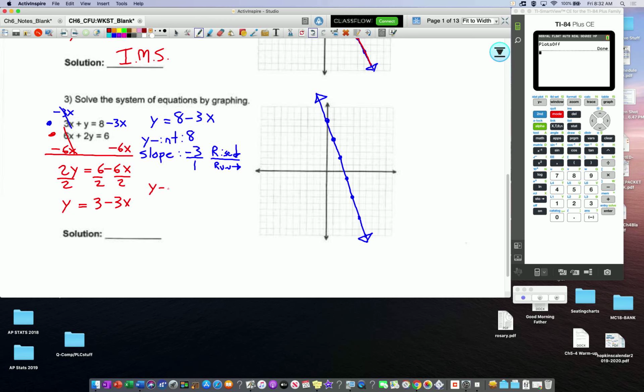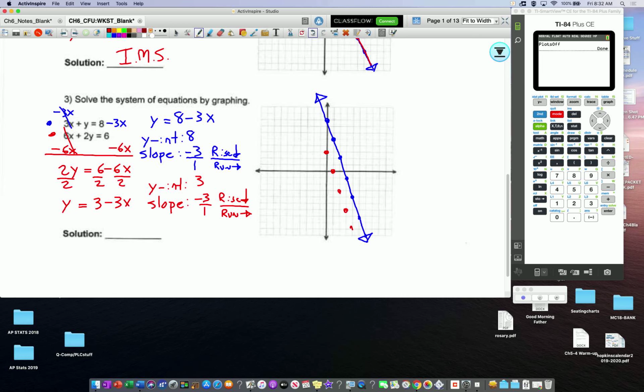My y-intercept is 3. My slope is -3 over 1. I'm going to go down 3 while I run 1. My y-intercept is right there at 3. I'm going to go down 3 to the right 1, down 3 to the right 1.